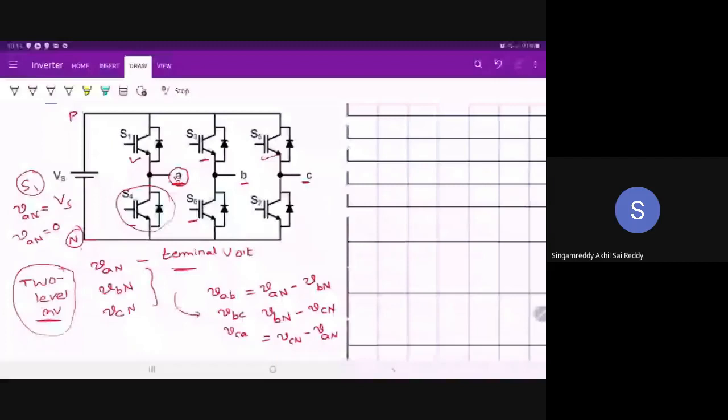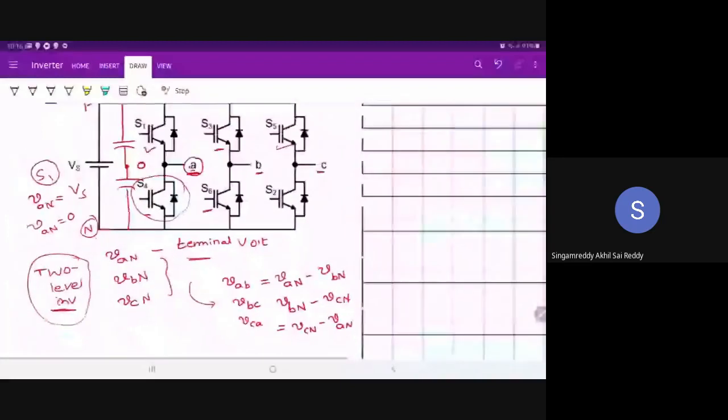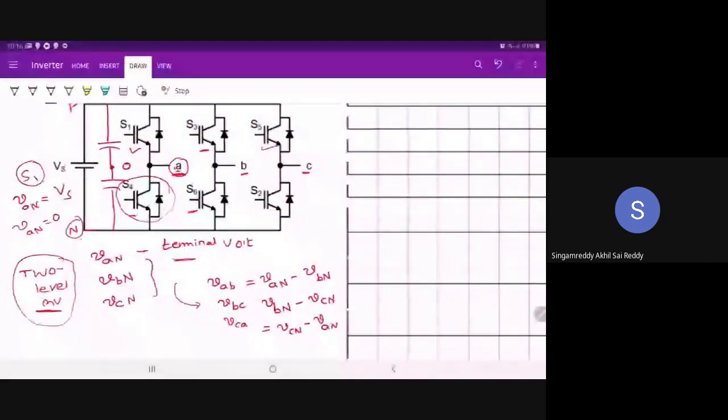There is another approach, using the pole voltages that we discussed, which are imaginary voltages. We assume the DC link is split into two by large capacitors, whose value we assume is close to infinite. The middle point I assume as 0 or O. The voltage is split into two parts, Vs by 2 and Vs by 2.